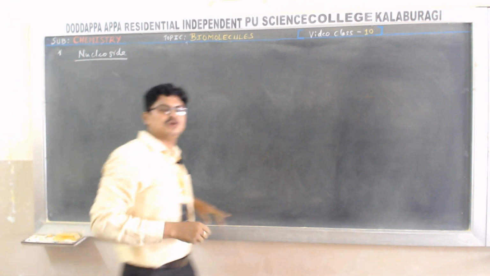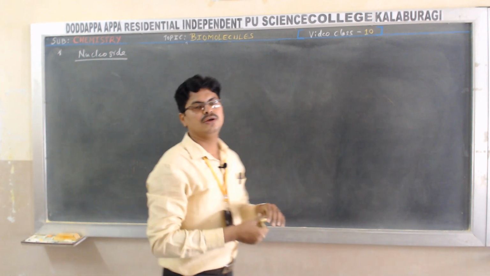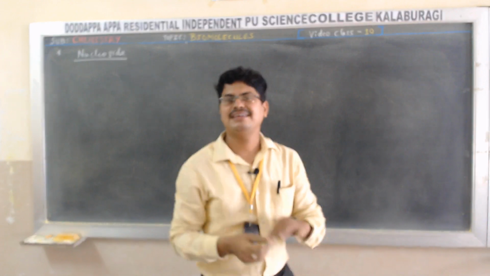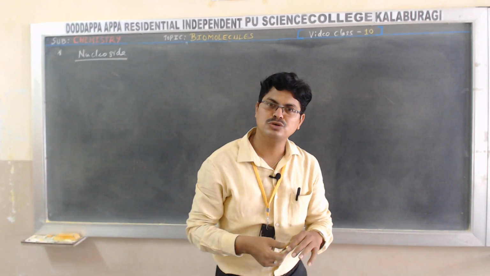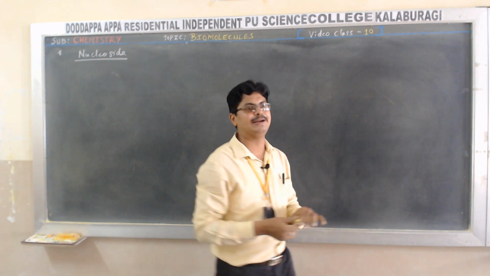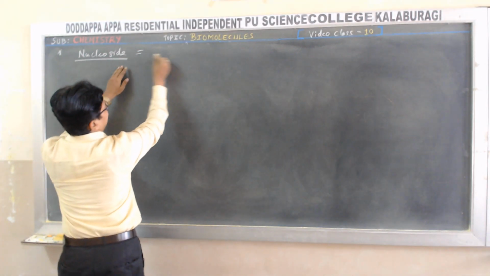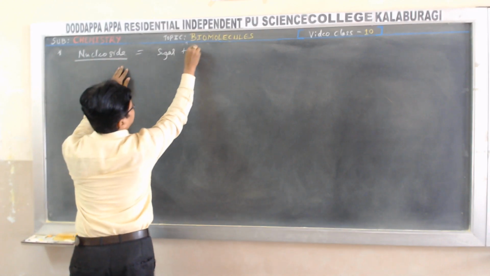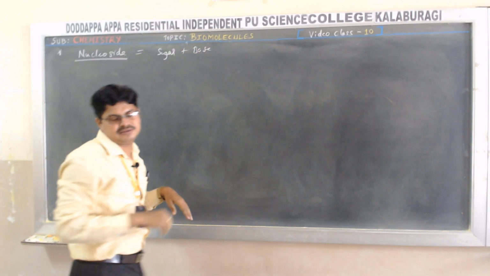So what are nucleosides? Nucleosides are the condensation products of pentose sugar plus nitrogen base. Otherwise, simply remember nucleoside means it is made up of sugar plus base, nitrogen base.